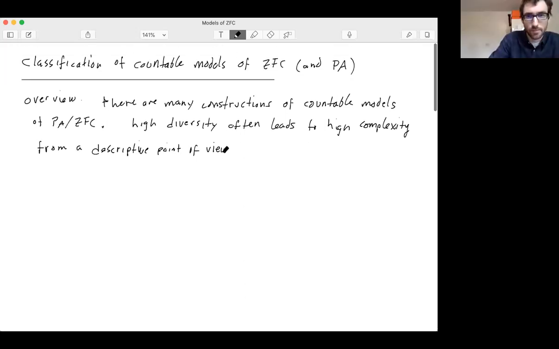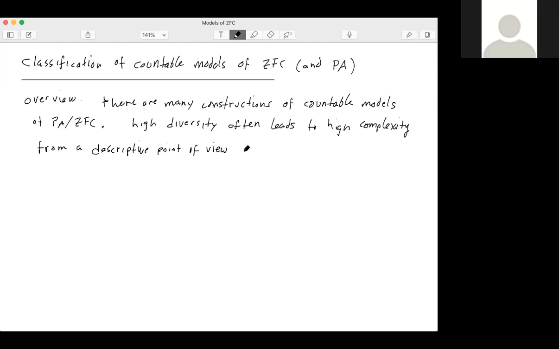So in both these cases, again, with a little bit of an asterisk, trying to classify all countable models of PA or ZFC or whatever should be highly intractable. And we formalize that by establishing that it's as high of a complexity as possible within the domain that it's in.